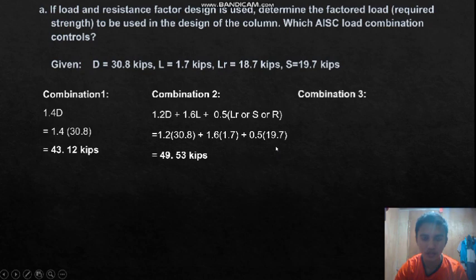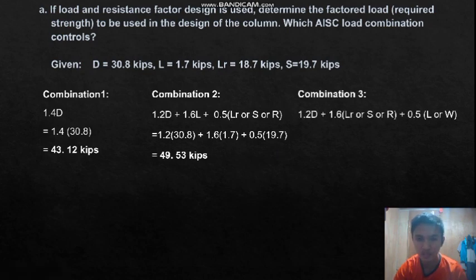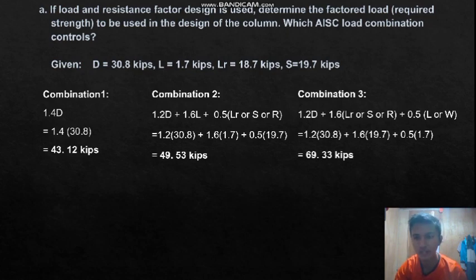For the next combination 3, 1.2 multiplied by dead load plus 1.6 multiplied by roof live load or the snow load or rain load plus 0.5 multiplied by live load or the wind load. Next, substitute the given, and we can get 69.33 kips.